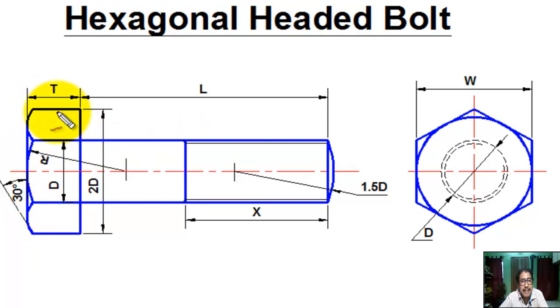This is the vertical surface, this is the vertical surface, all vertical surfaces, and a circle is formed on the top surface of bolt head.